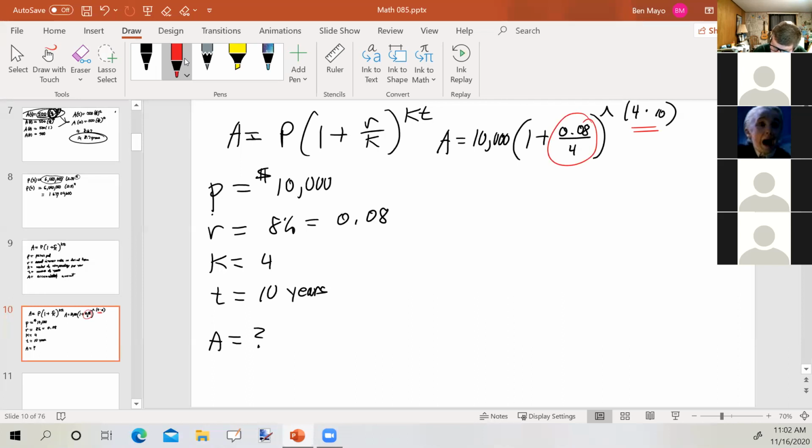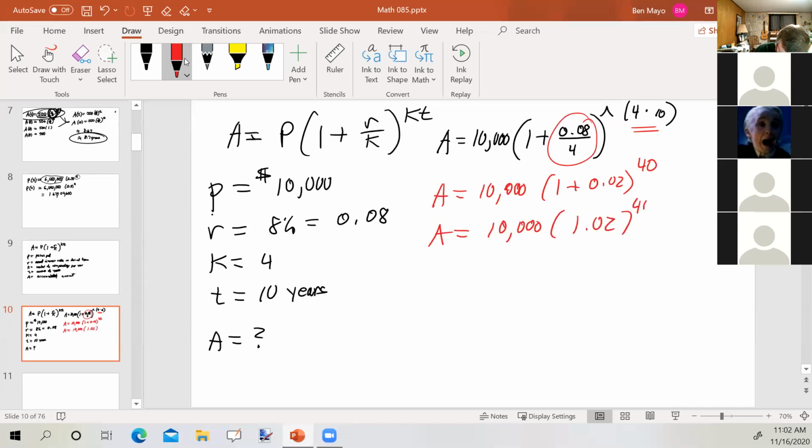So you could simplify this if you wanted to down to that, and then you could simplify it even further, and you could put that into the calculator.